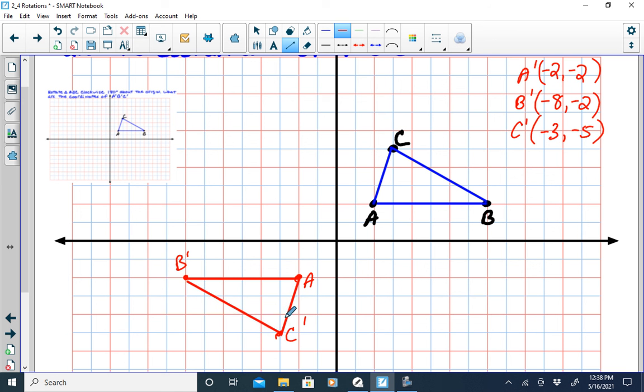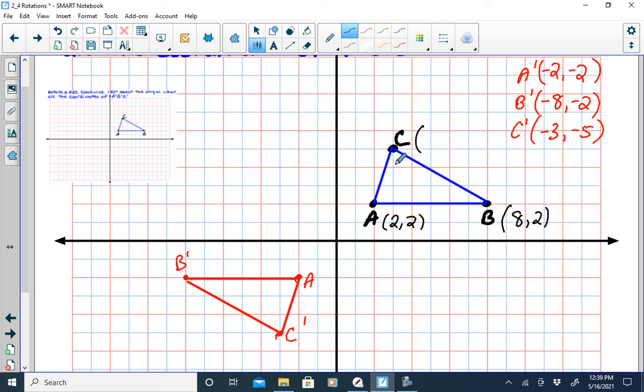Alright, and once again, let's look at the original values here. A was located at 2, 2, and A prime was located at -2 and -2. B was located at 8, 2. B prime is located at -8, -2.